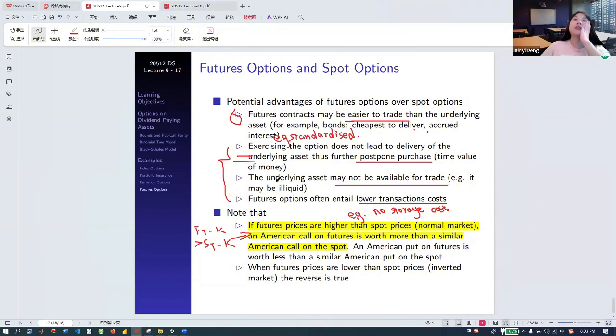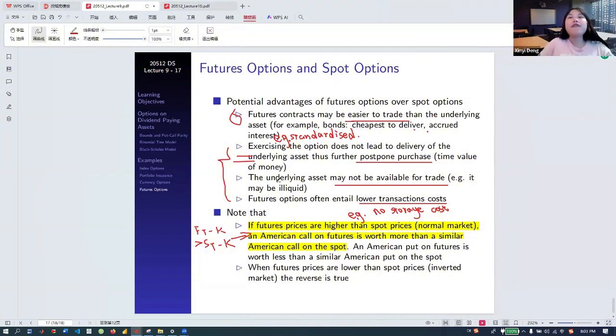That means futures options are actually more liquid, which can be an advantage. It's easier to gain your desired exposure via futures contracts since the market is more liquid.